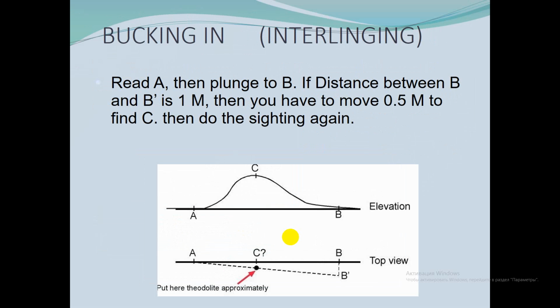Backing in, or interlining. It's sometimes necessary to establish a straight line between 2 points that are themselves not intervisible. That is, a theodolite or total station set up at one point cannot, because of intervening terrain, see the other required point.